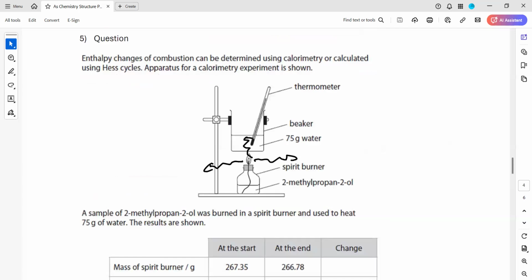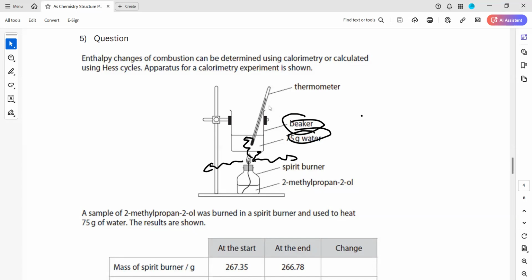So some of the energy is transferred to the surroundings, so heat is lost to the surroundings. Another reason is that we consider all of the energy is absorbed by the water only. But some of the energy may be absorbed by the beaker. We did not consider that even a beaker or a thermometer will also absorb energy. We consider that all of the energy is absorbed by the water, and we neglect the specific heat or the energy absorbed by the beaker or the thermometer.